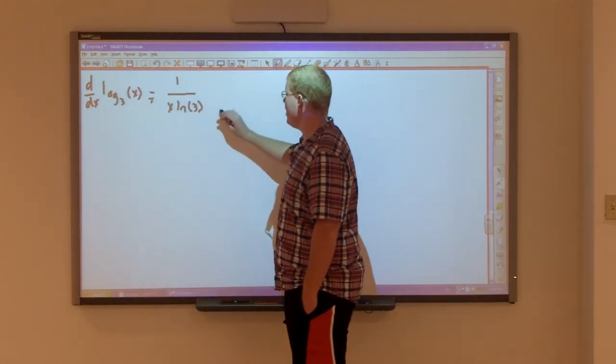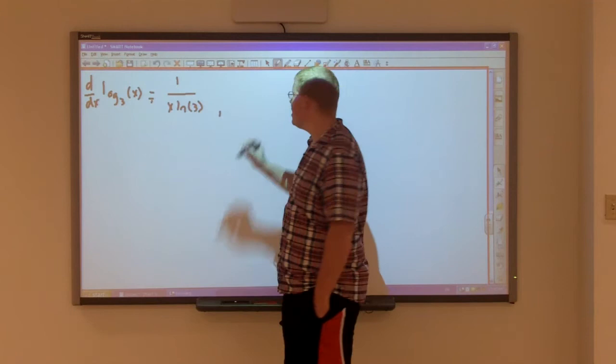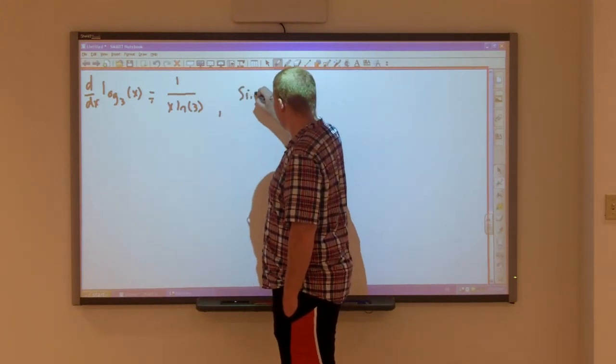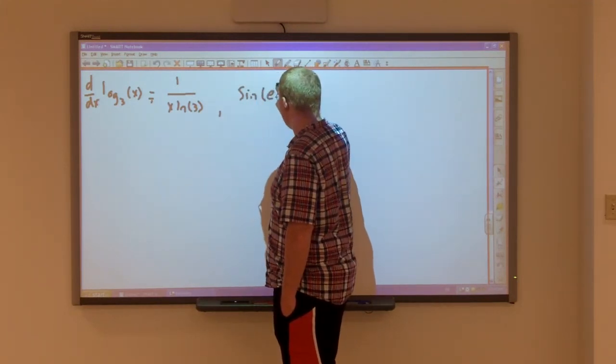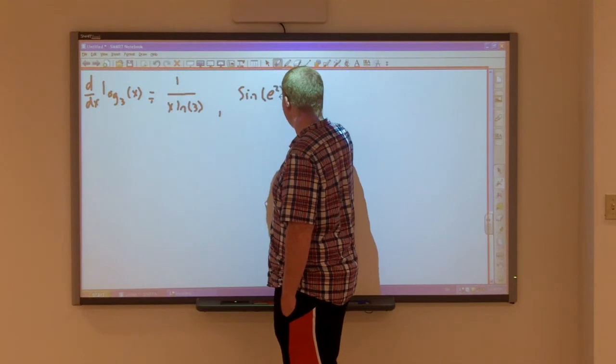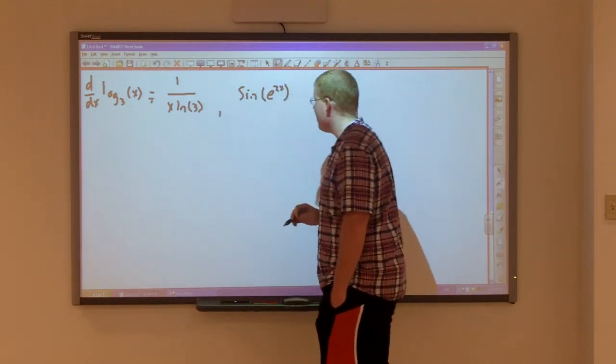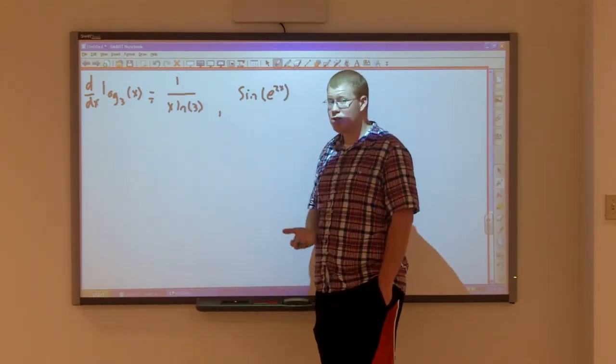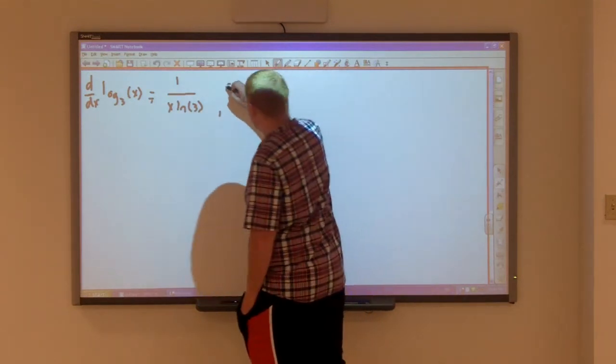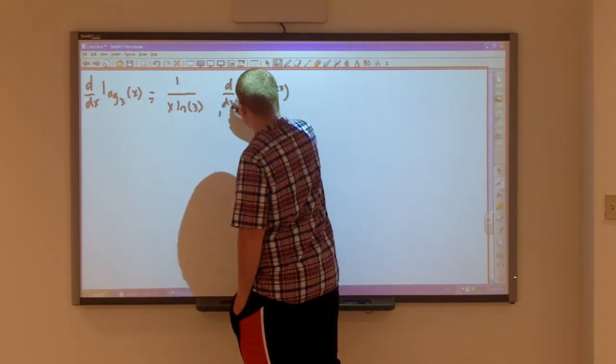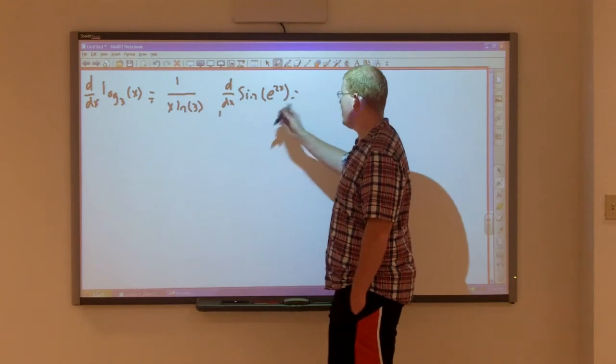Now let's say we have the function sine of e to the 2x. To find the derivative of this, we have to remember chain rule. This becomes the derivative of sine, which is cosine.